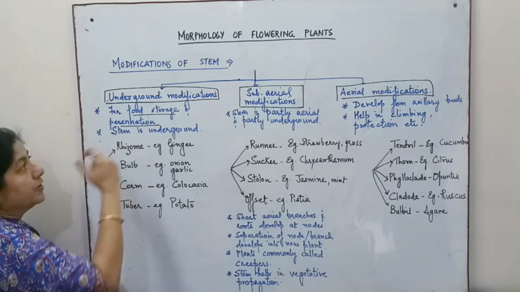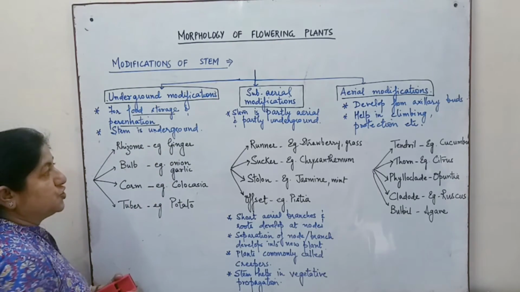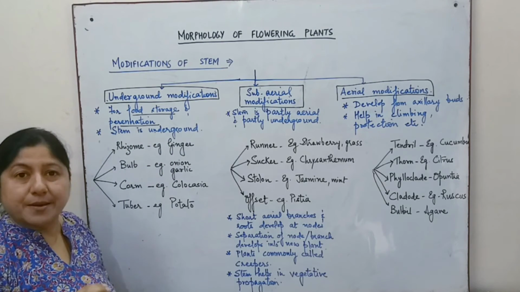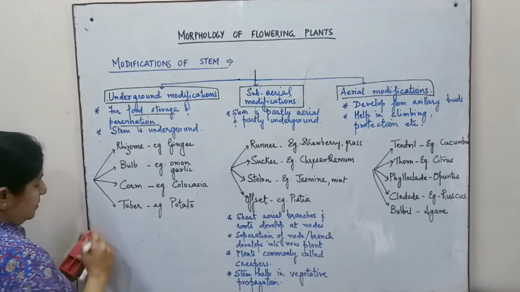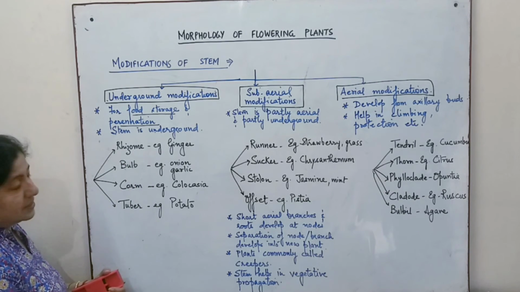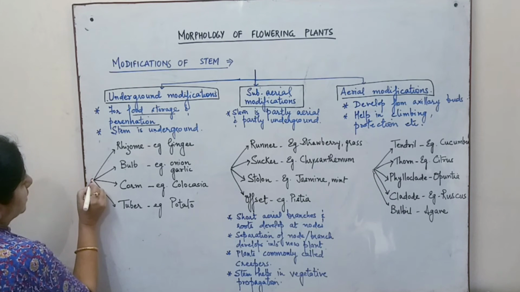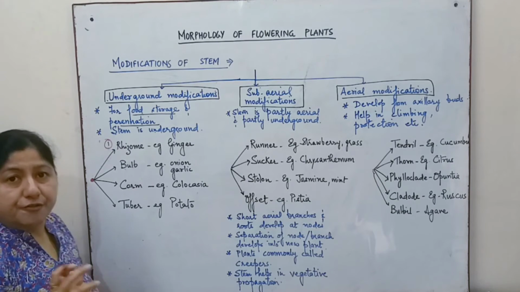So the underground modifications basically help in the storage of food and perennation, and the most important point is that the stem is underground. Now let us talk one by one about the various modifications of the underground stem. The first modification is in the form of rhizome.